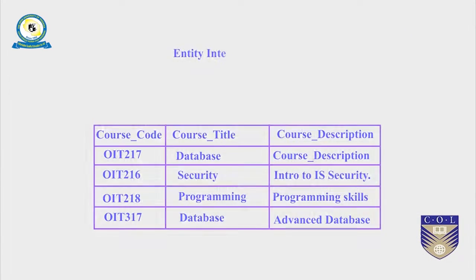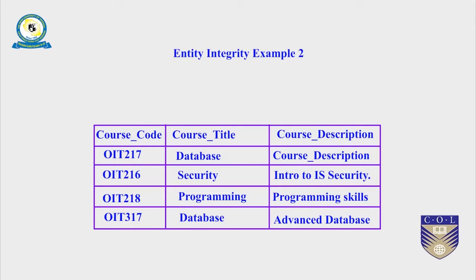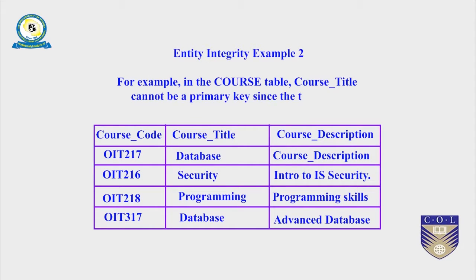Let us look at another example of a course table, whereby you've got 3 columns or 3 attributes. You've got course code, course title, and course description. You cannot choose course title or course description to be a primary key because these are things that can change at any time and can be similar.